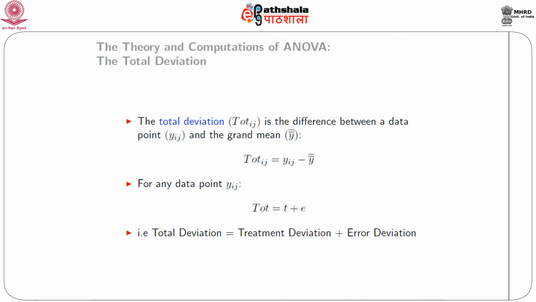If we have k subscripts, then we have to write k bars on top of y, which is somewhat difficult. So, it will be a good idea to keep k small, so that you can easily write things on a piece of paper. For any data point yij, tot is of course t plus e, that is total deviation is treatment deviation plus error deviation.